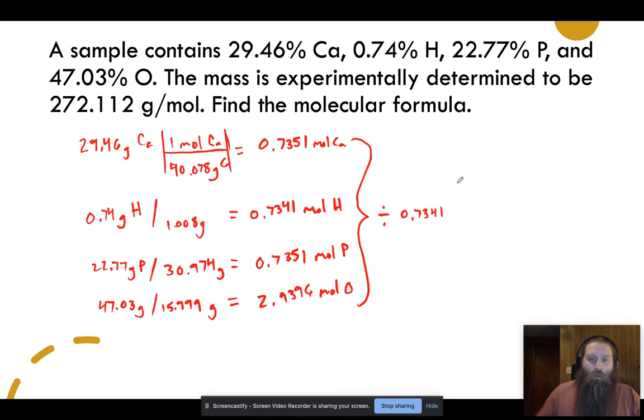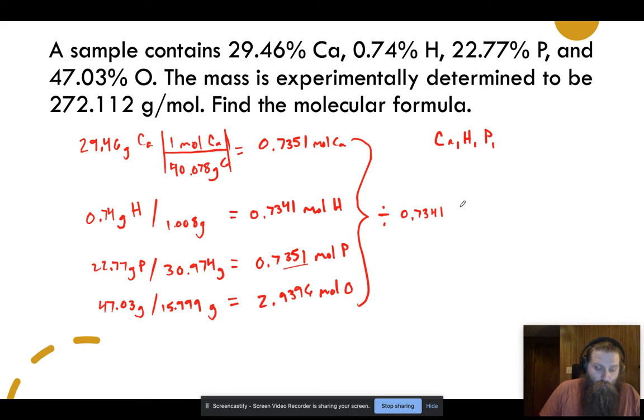0.7341. And so calcium, 0.7351 divided by 0.7341 gives us 1.00. So we can say 1. Hydrogen, anything divided by itself is obviously 1. Phosphorus, well, it's the exact same number as calcium, so we know it's going to be a 1. When we round it, it's going to get the same thing.